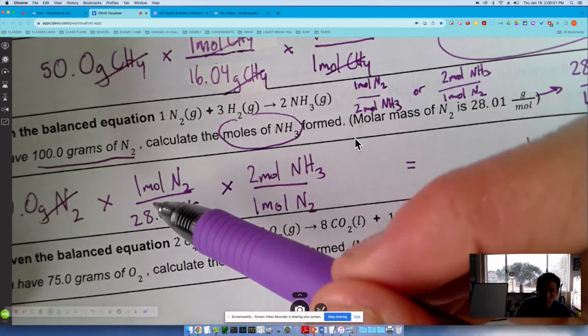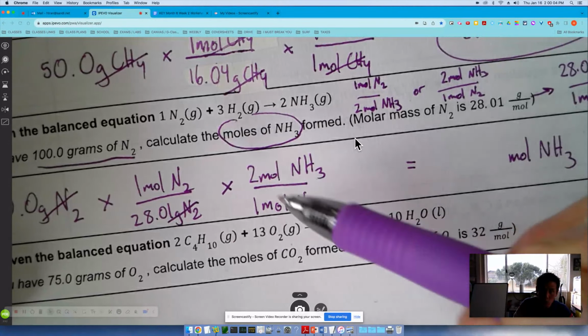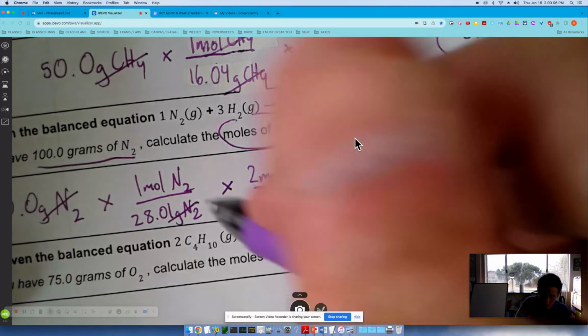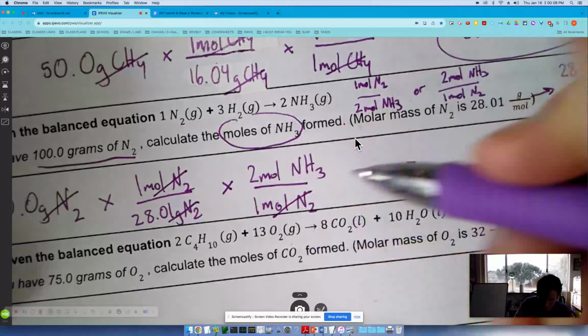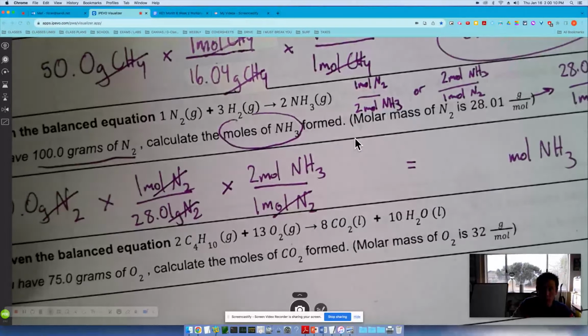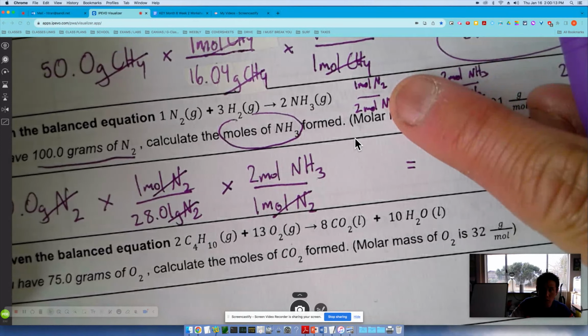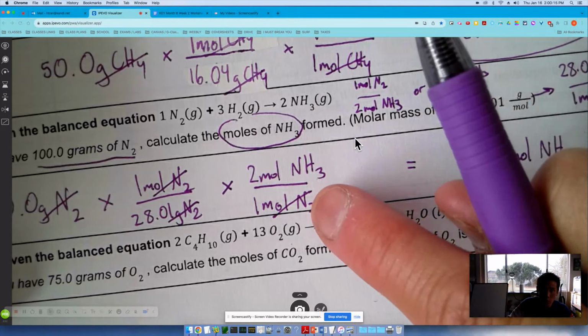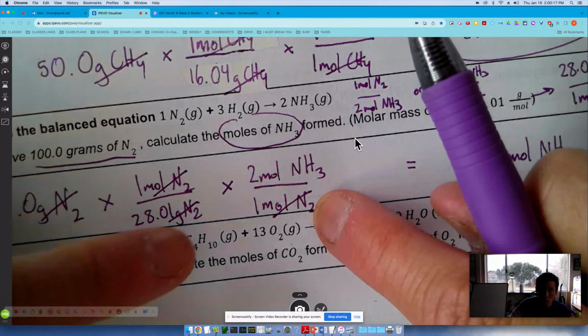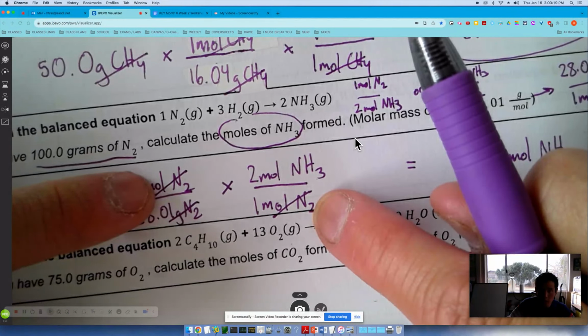If I multiply this to this ratio version where moles of N2 is on the bottom, now they can cancel out. If I wrote it using this version, moles of NH3 would have been on the bottom in the denominator. That would not allow me to cancel out moles of N2.